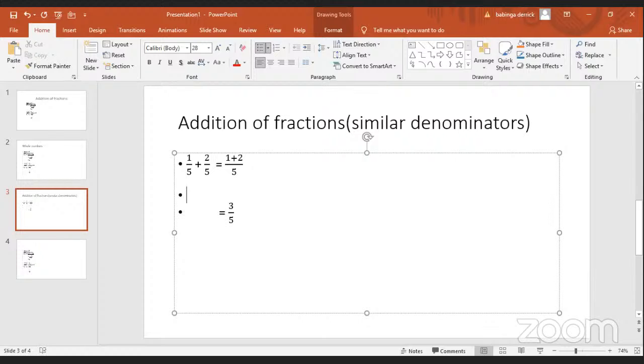That's what we need to note when you're dealing with similar denominators.